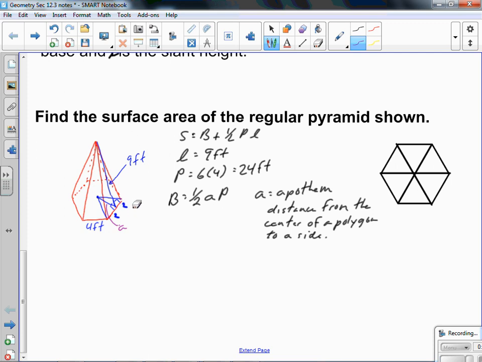Right? So this triangle here, I've kind of made a representation of the base over here as a hexagon. If we connect all the vertices to the center, we get a whole bunch of triangles, right?